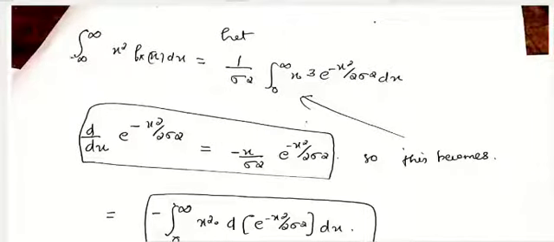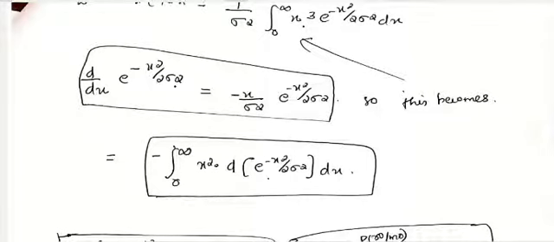Okay. And if it is coming in this format, that is x cube into e raised to minus x square divided by 2 sigma square dx, please substitute like this: d by dx of e raised to minus x square divided by 2 sigma square is equal to minus x into e raised to minus x square divided by 2 sigma square, divided by sigma square, and substitute that over here, then it will be easier to do.